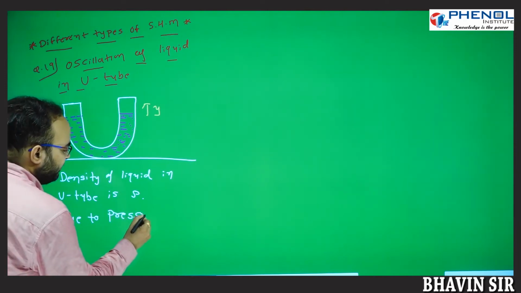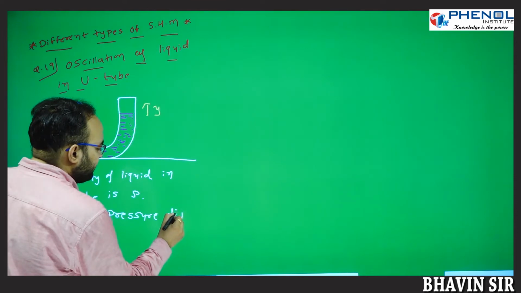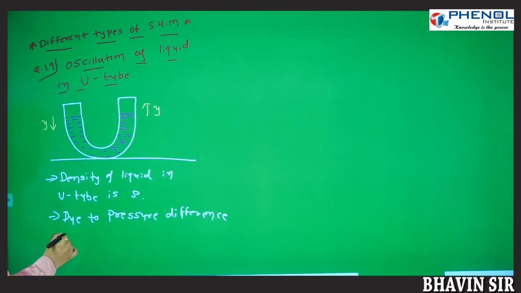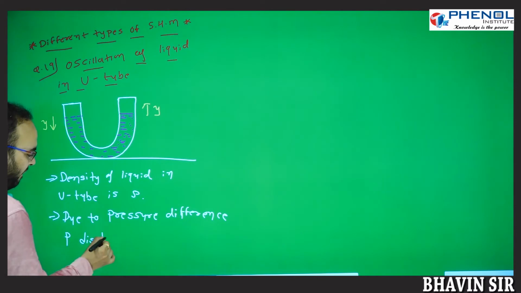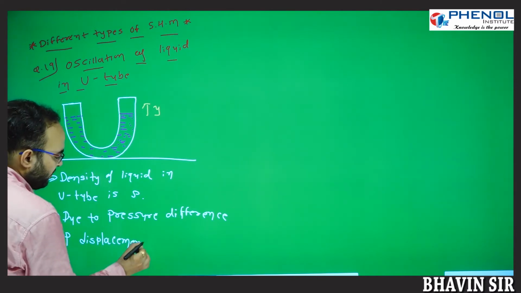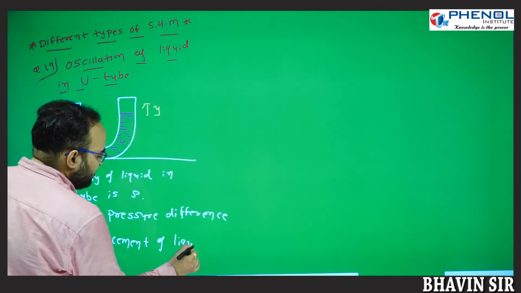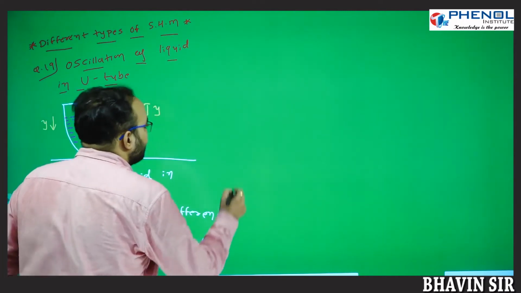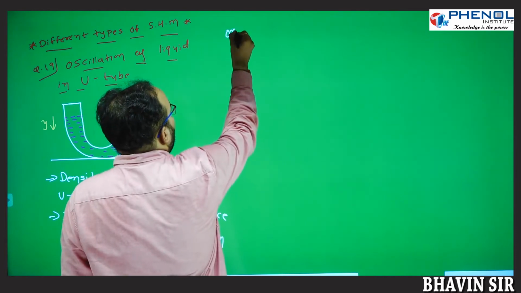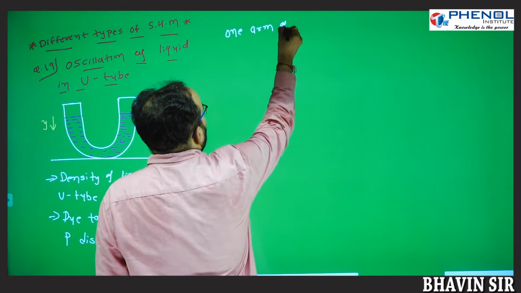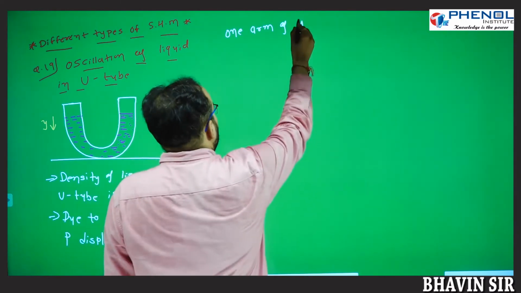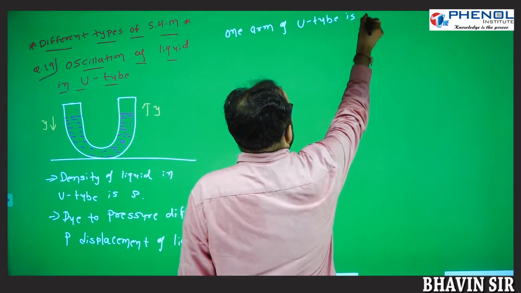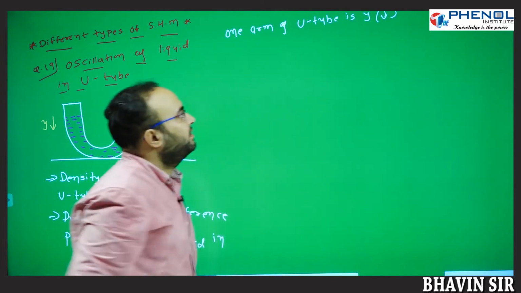Due to pressure difference P, displacement of liquid in one arm of the U-tube is, suppose, in downward direction.